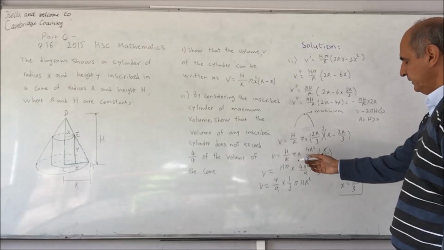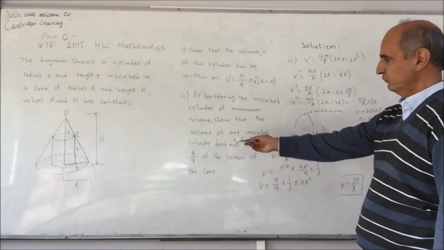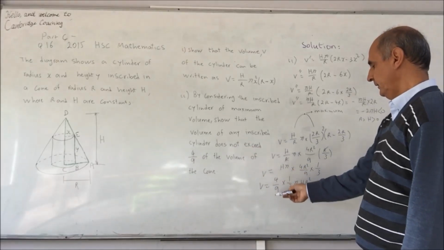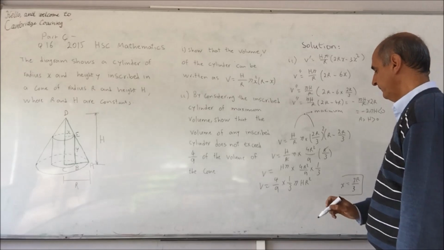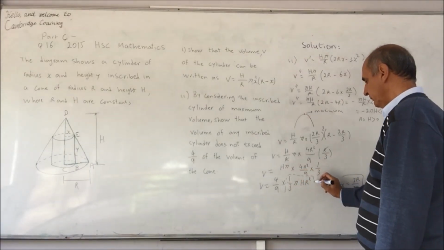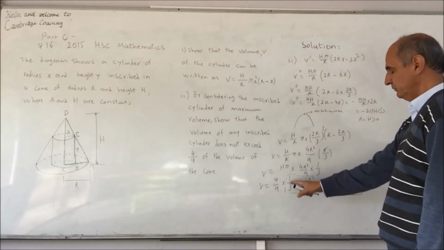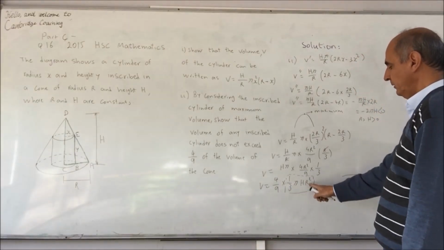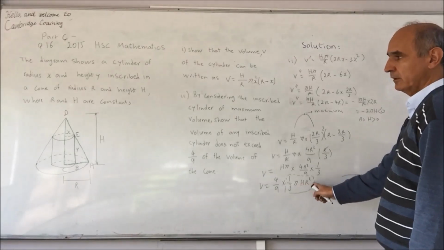I wrote everything in this order because I want to prove the point that this volume is 4/9 of the volume of the cone. And we know that this is the volume of the cone, because the volume of the cone is 1/3 pi r squared h.